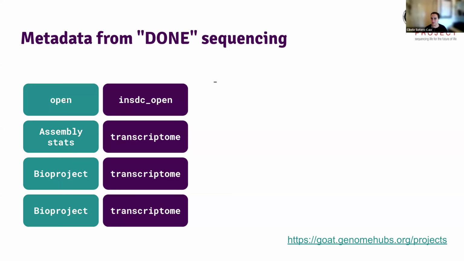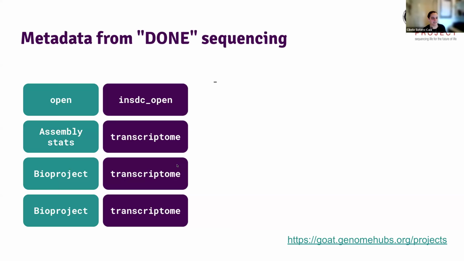But besides that, there is a lot of pertinent genetic data. So the stats for the assembly, so N50, scaffold, BUSCO analysis, bioproject information, which bioproject an assembly has. I put bioproject twice because it's the bioproject for the assembly, but also the bioproject for the Earth BioGenome Project initiative, so umbrella bioprojects as well.